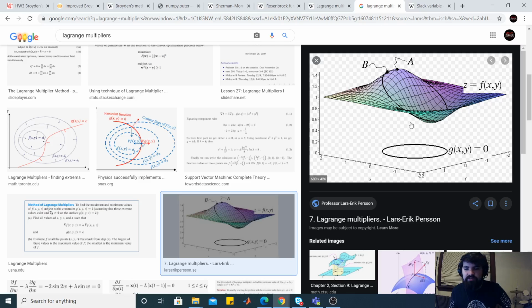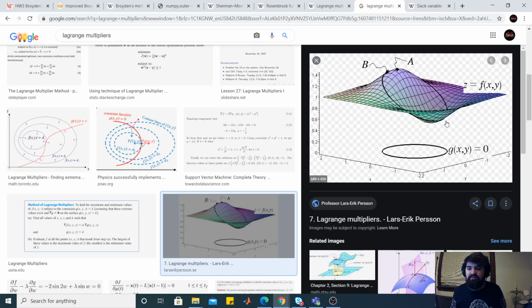I found this one, which I like a lot better. So you can see you have some f of x here, and then some g of x here. That is the constraint, and the projection up here.